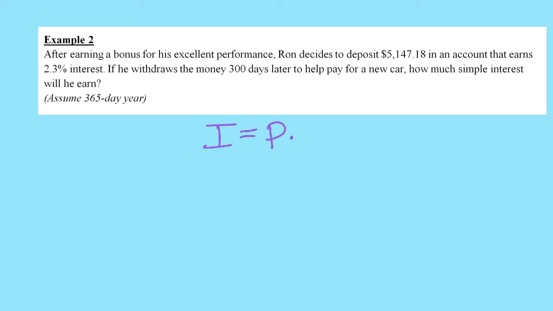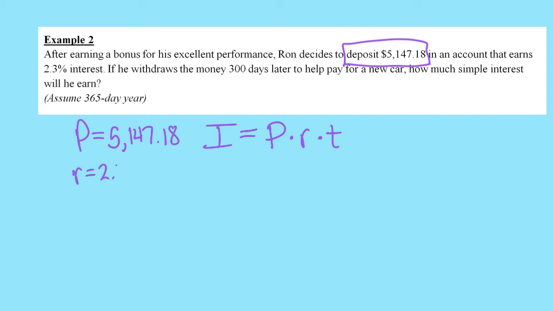Interest equals principal times your rate as a decimal times your time in years. So again, let's identify what are each of these. P, how much is the amount that, not in this case that he's borrowing, but in this case that he deposits, right? It's a little different. $5,147.18. His rate is 2.3%.